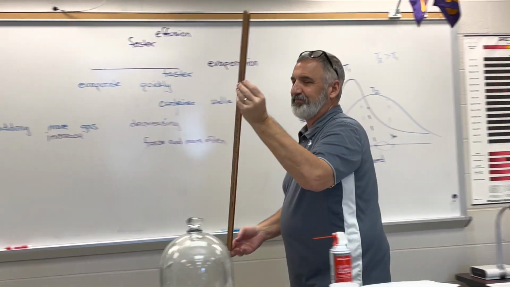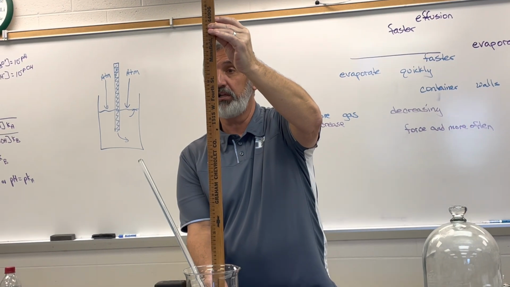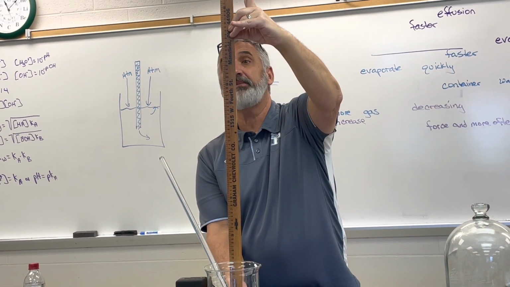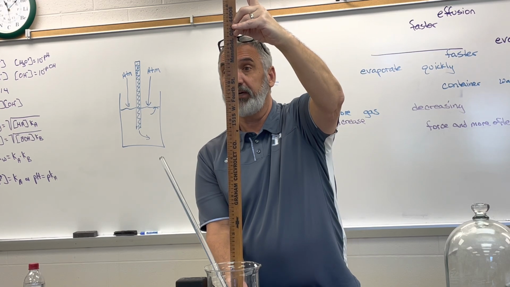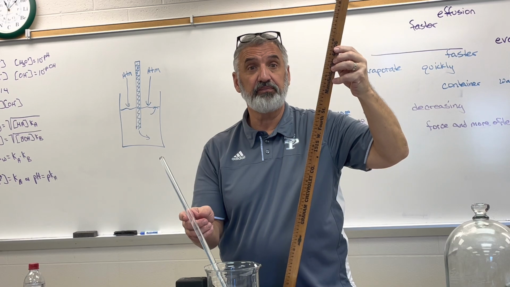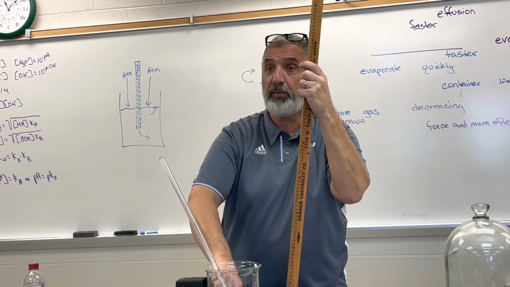So my column of mercury only has to be this tall. You have to give it some room to grow, so they probably make it about this tall. So the guy at the mercury factory gets a tube just like this one, fills it full of mercury, puts his thumb over it, and turns it into a small bowl of mercury.